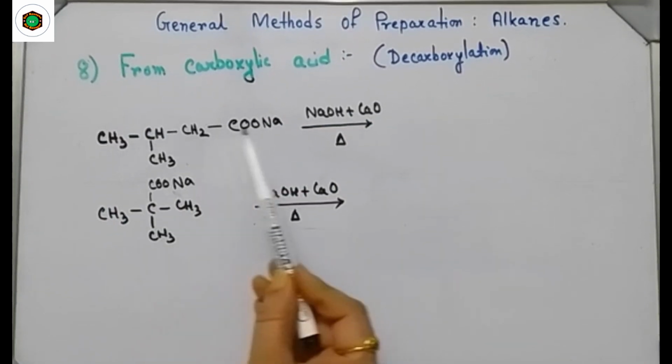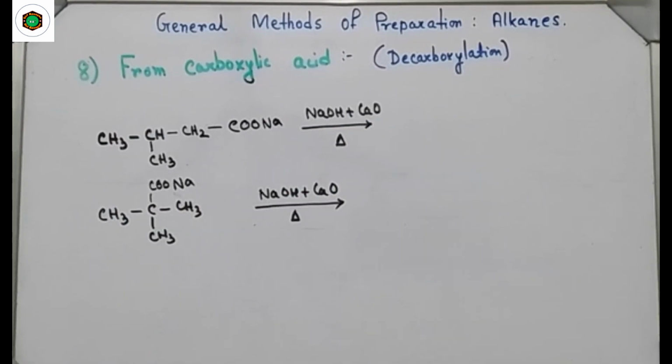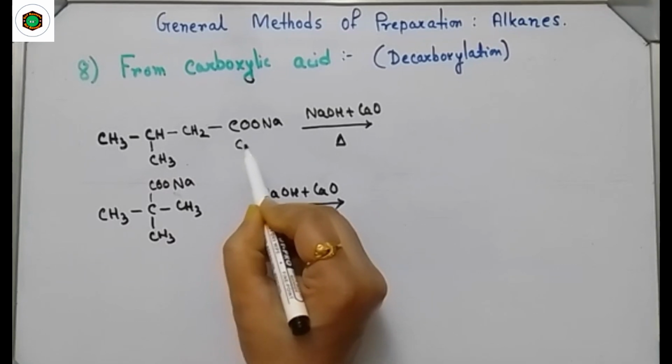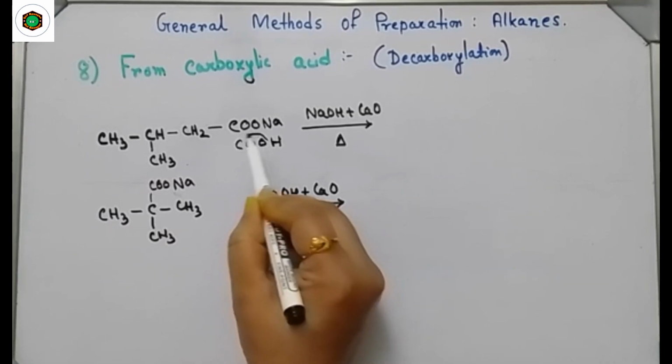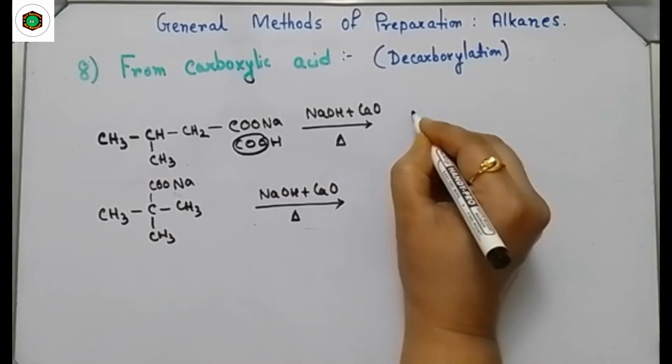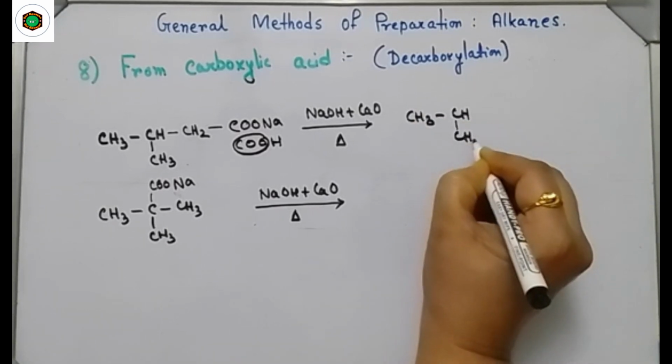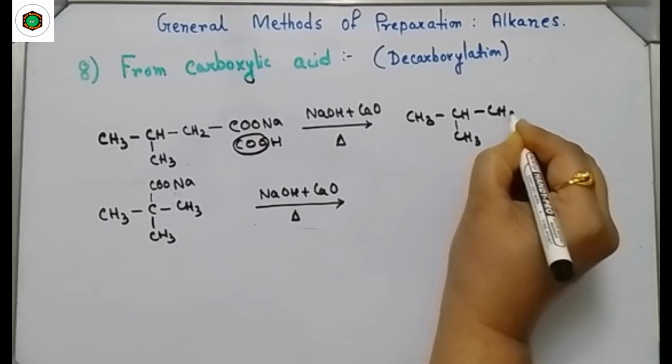So if you take sodium salt of this and this acid and if you treat it with soda lime, what are the products? So from here you think COOH and remove carbon dioxide. So what you will get? By decarboxylation you will get this.